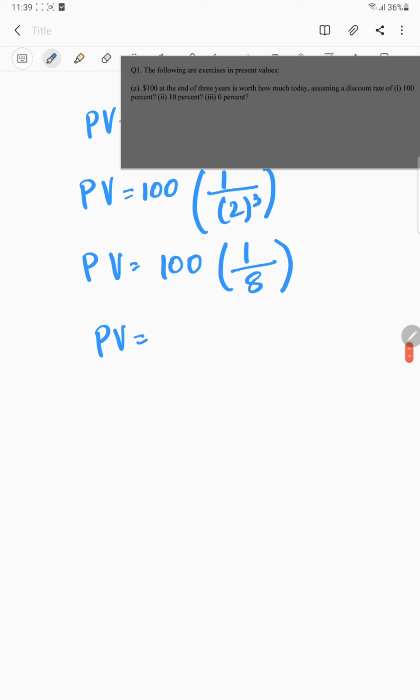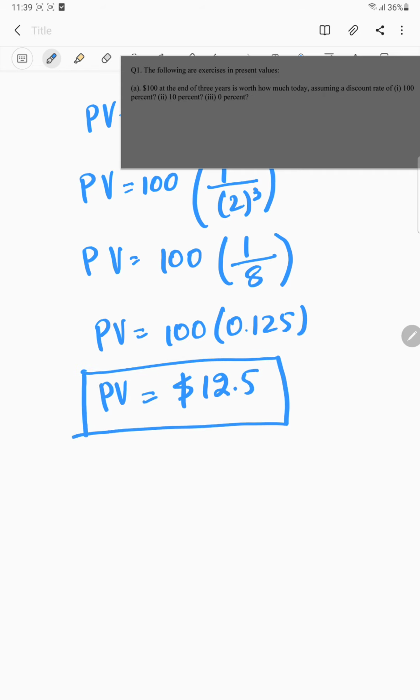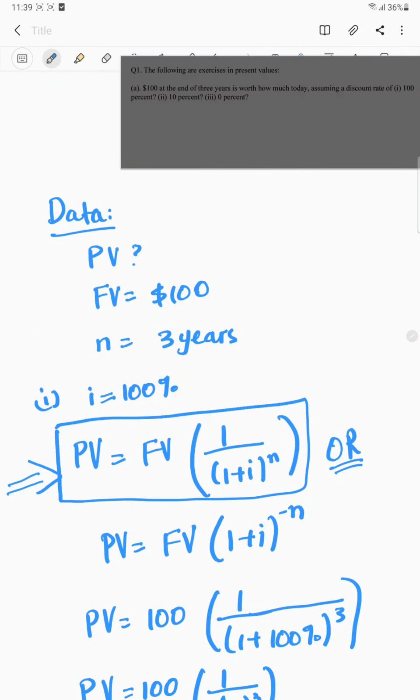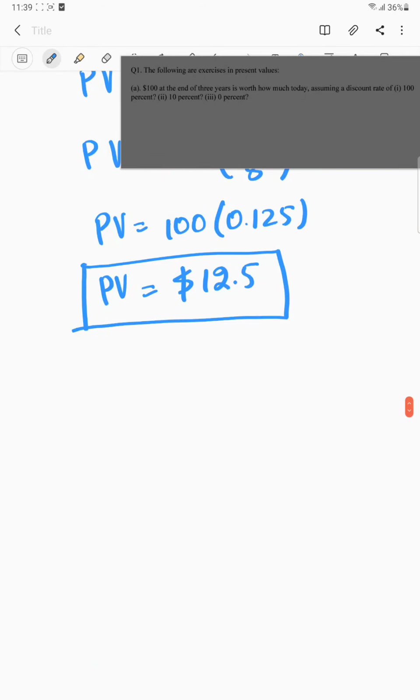PV equals 100 times 0.125. PV equals $12.5. So we are saying in present value terms, my $100 after 3 years at 100% will become $12.5 today.